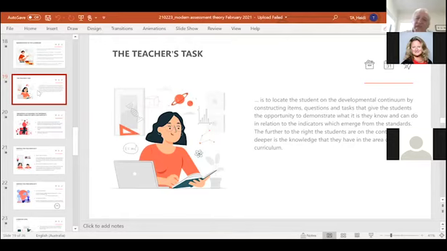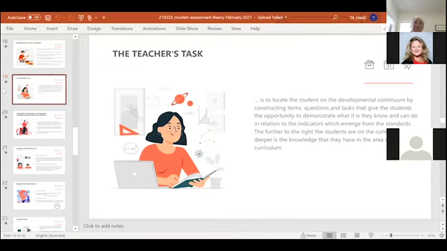It provides you with evidence about where the child is located on that journey, along that developmental continuum. So if you write poor questions, then you're not really getting a true reflection of where the student is on that continuum. You need to make sure that you do fewer formal tests, but have good quality items when you do, so that you get a good image. It's really telling you something about that thing you're trying to measure.